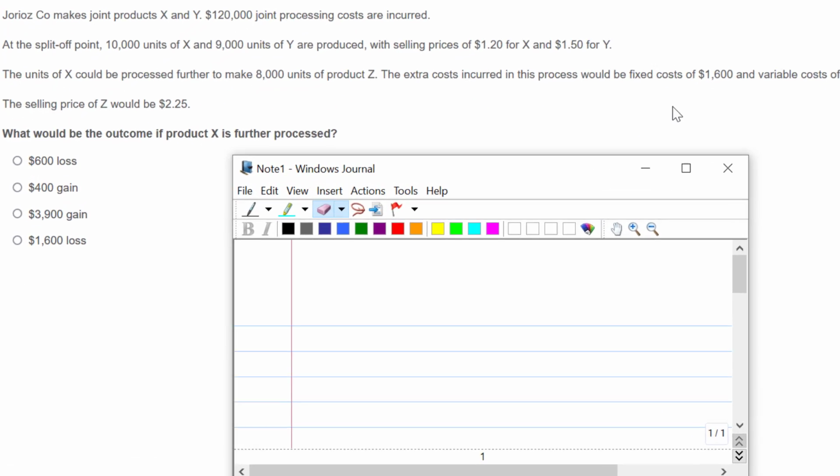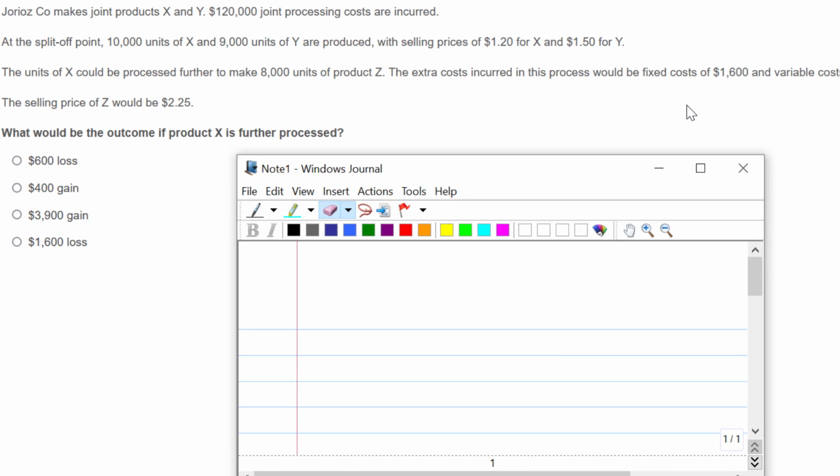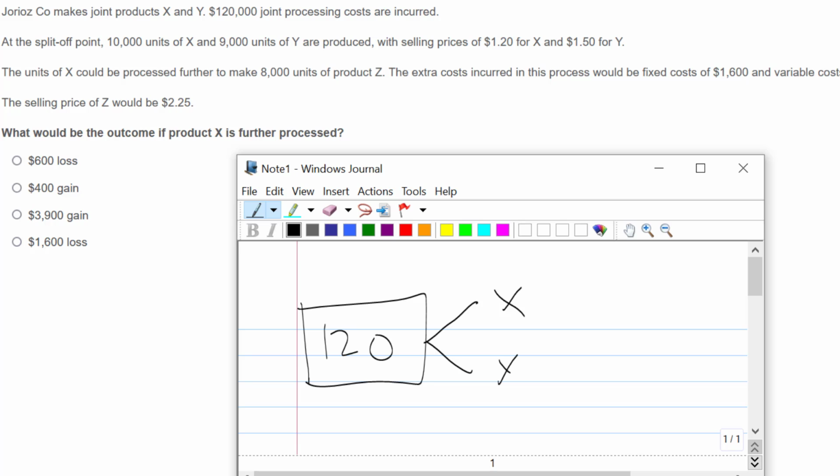So now I read the details, and we have a process that costs $120,000 to run, and we get X's and Y's from this process. We get 10,000 X's, we get 9,000 Y's. And we don't care about Y. We're only looking at X in this.